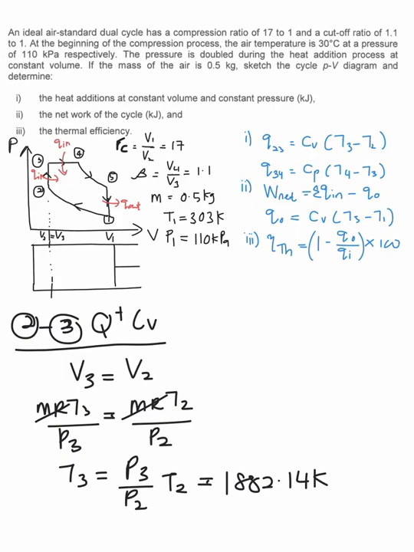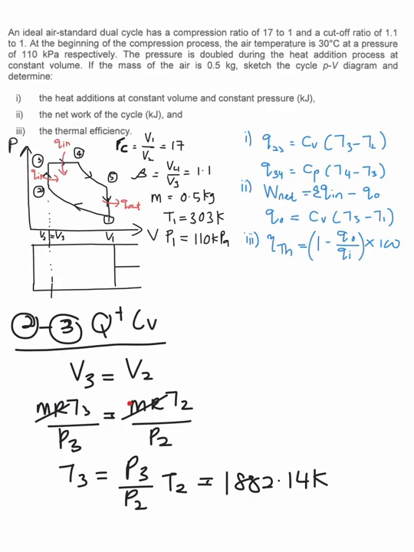So we make use of this PV equals mRT equation, and because volume at 3 is equal to volume at 2, you equate V3 with V2, and then you make use of that PV = mRT. Because we are talking about a closed system, the mass is constant, and we are analyzing the same air, so your R is constant.